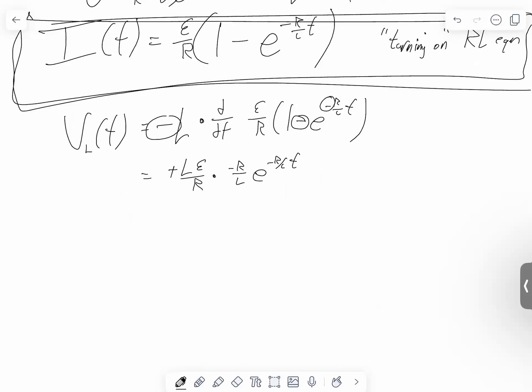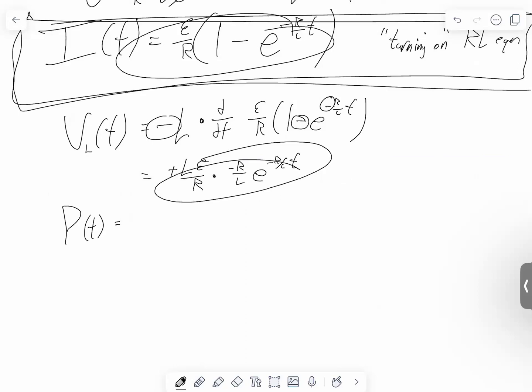Okay, plug it in. What do you get? V times I is power. What's power? Plug in. Here's I, here's V. Oh, this simplifies. Hold on. R over L, L over R. This boils down.